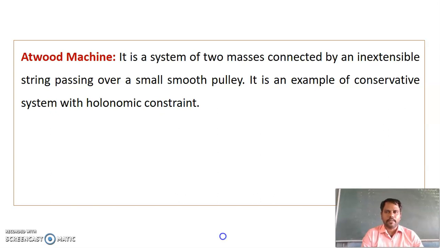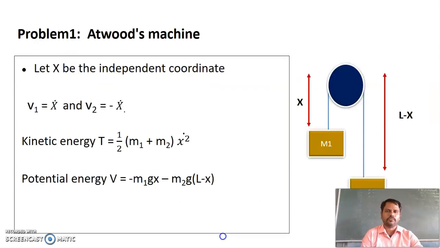This setup is known as Atwood's machine, and it is an example of a conservative system with holonomic constraint. Two bodies of mass m1 and m2 are connected by an inextensible wire of length L and pass over a small smooth pulley.